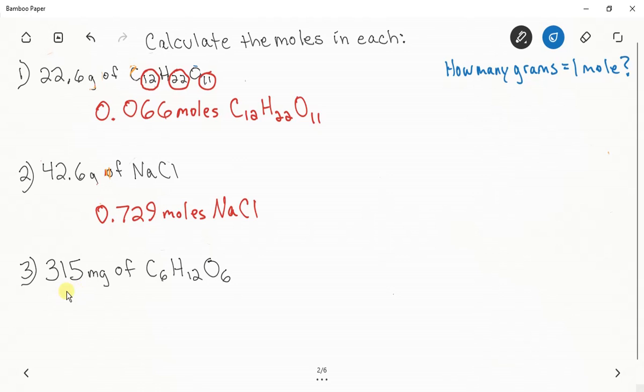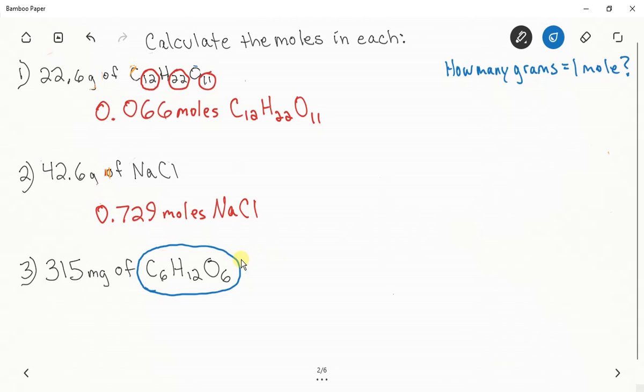Number 3 is 315 milligrams of C6H12O6. Well, don't worry about the 315 milligrams yet, because what we need to focus on first is this molecule right here, C6H12O6, and we need to find out how many grams of this is equal to 1 mole of it.